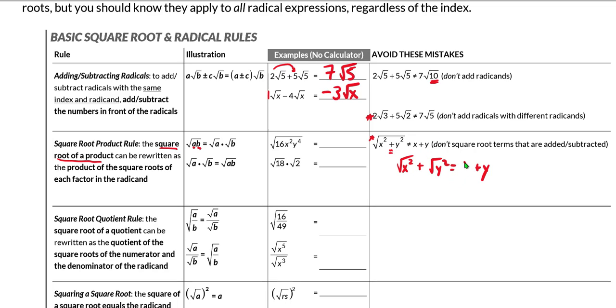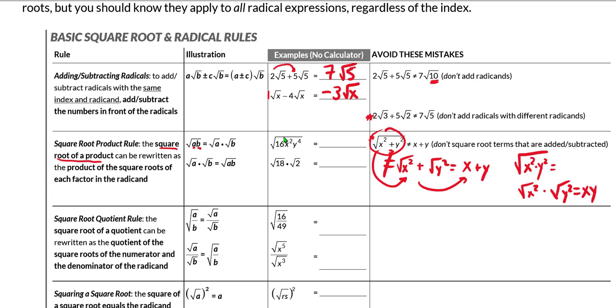What I should do is I should say that you cannot go from here to here to here. That is not allowed. Don't do that. If the terms are multiplied, if you have x squared times y squared and you want to then separate the x squared and the y squared into their own radicals and then end up with xy, that's fine. Multiplication, perfectly fine. Addition, not fine.